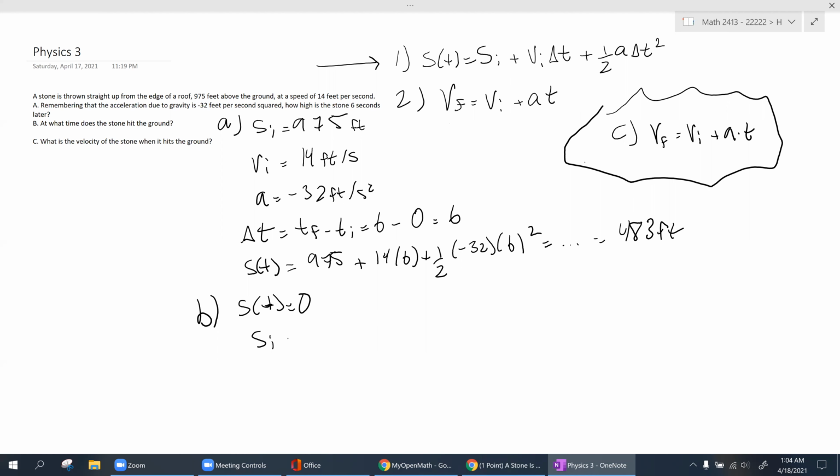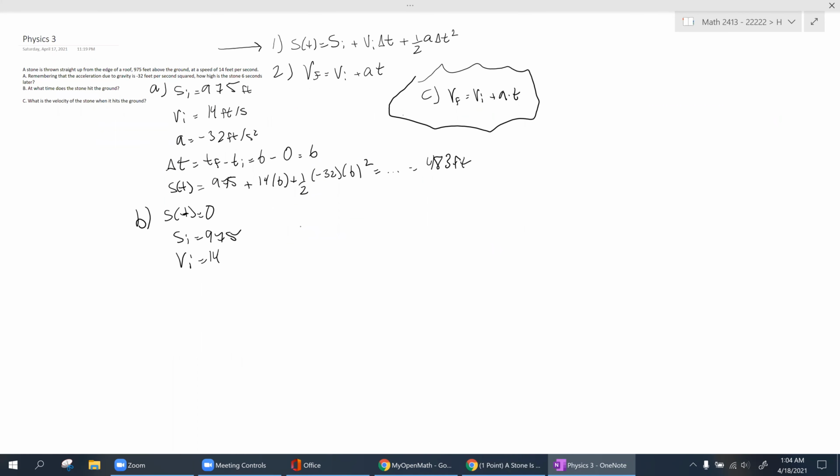I knew my initial position, that was 975. I knew my initial velocity, which is 14, and I'm looking for time. So I'm going to plug it again into the second formula, because this time I'm looking for a different variable. We plug all that in.